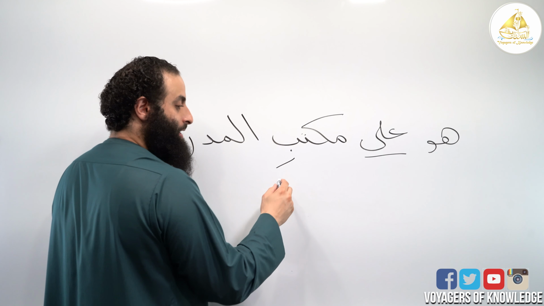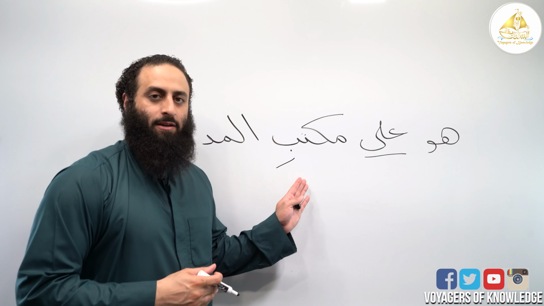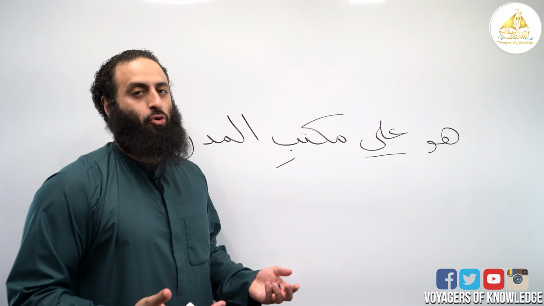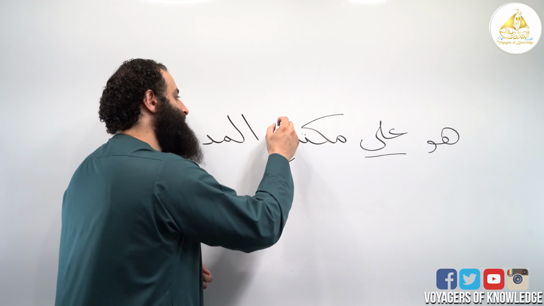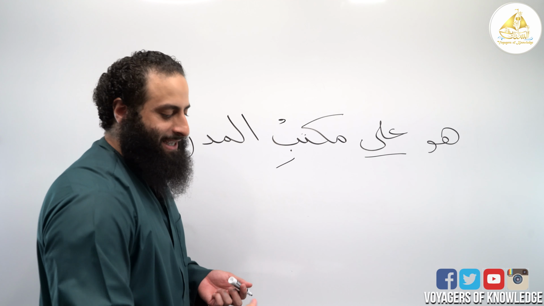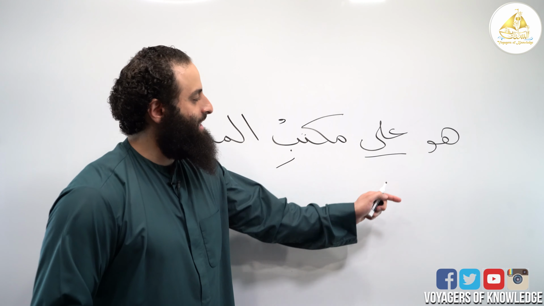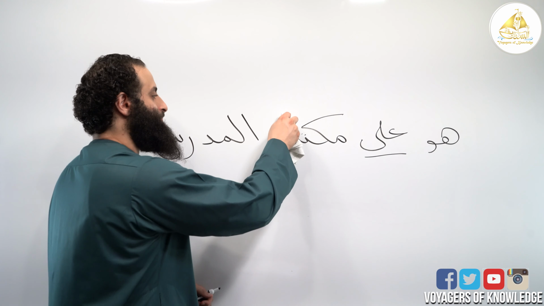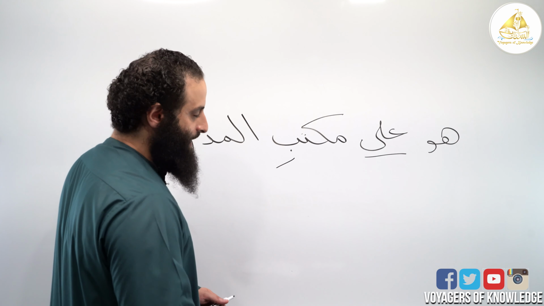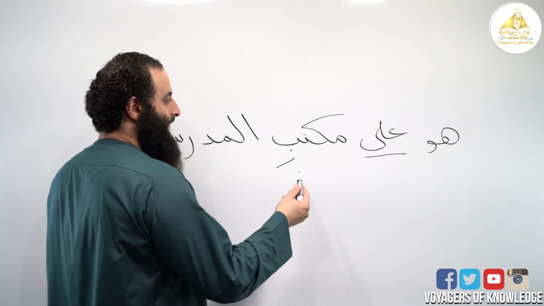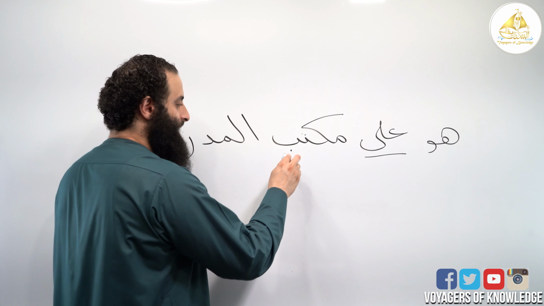So maktabi, just because it ends in a kasra doesn't mean it's no longer mudaf, because you're going to say, wait, the other one said you have to have a dhamma. Yeah, that's because nothing was affecting the word before it. Now that it's being affected by ala, it has to end in kasratain.